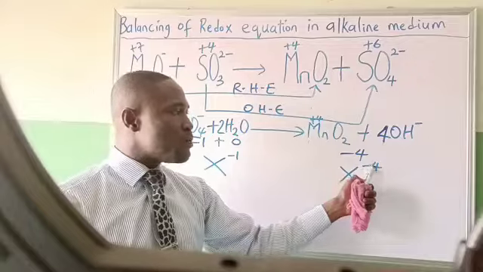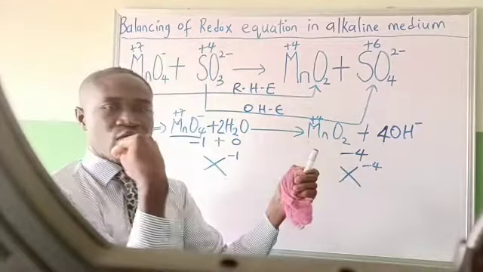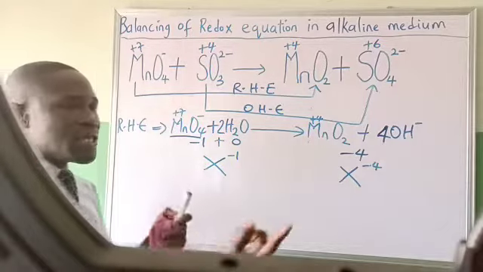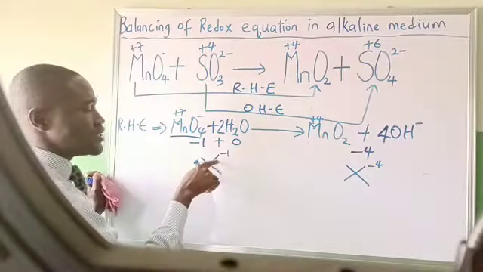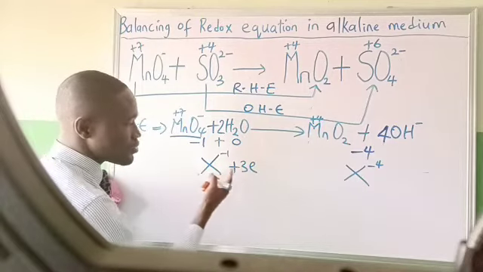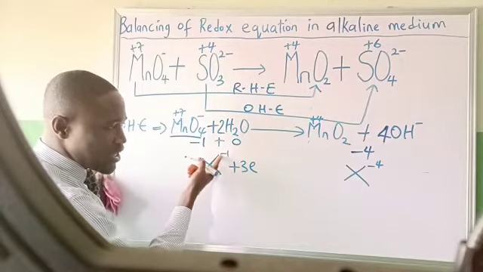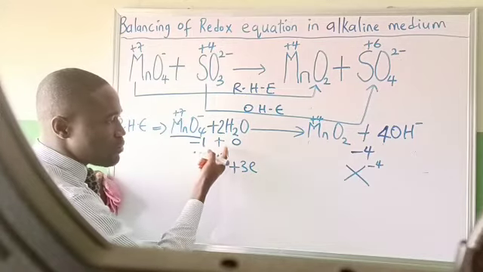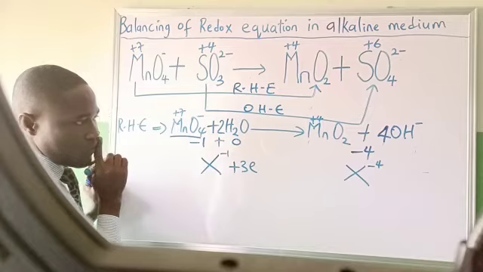Recall that -4 means it gained 4 electrons, from the principle of fundamental chemistry. -1 means it gained only 1 electron. If it gains 3 electrons, this one it gained 1. If it gains 3, that means it will be -4.